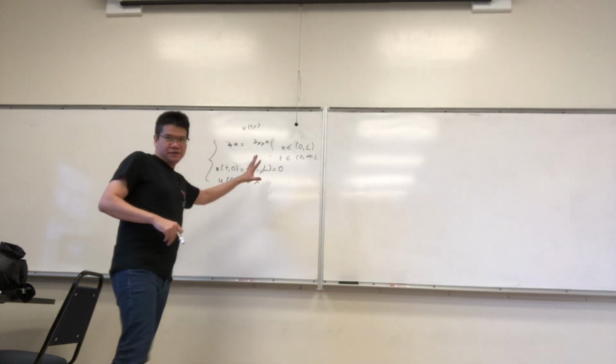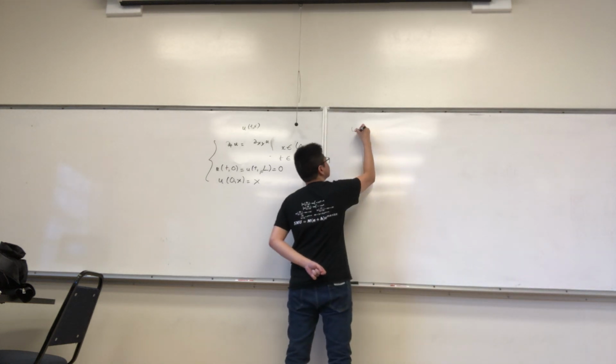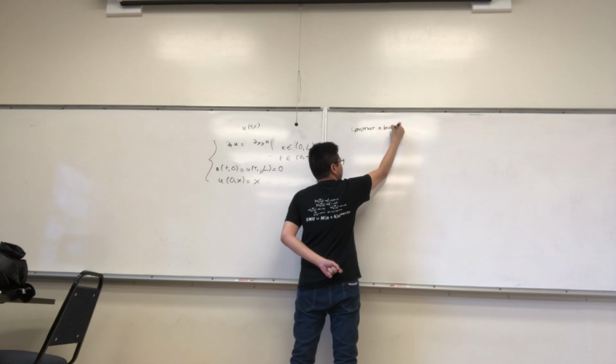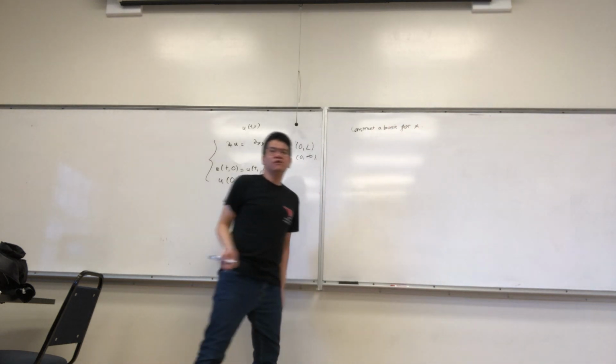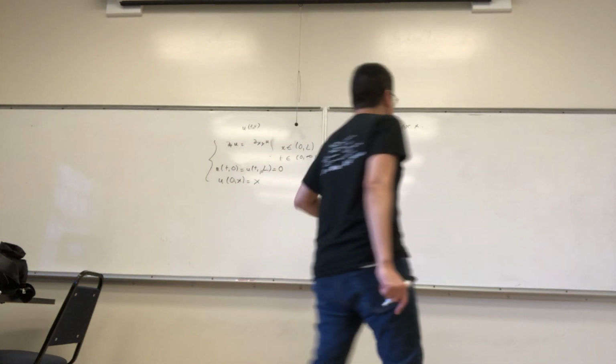So now the idea is again to construct a basis for x. We know that we don't have to construct a basis for both x and t, we just have to construct a basis for x.